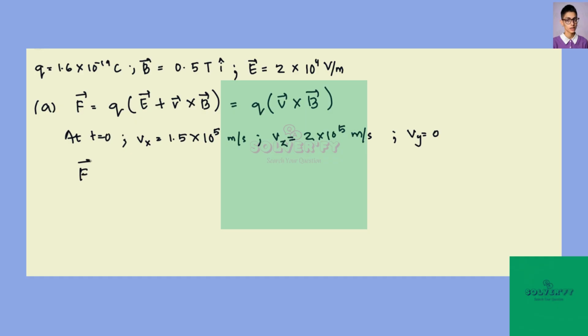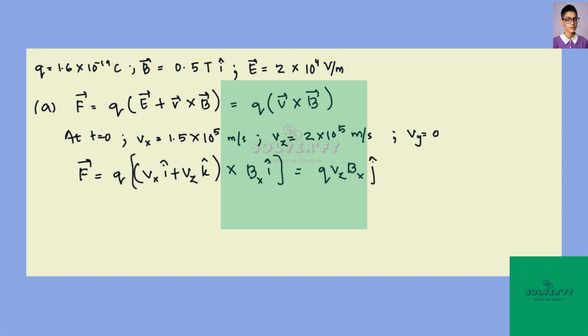Then F will be equal to Q times (Vx i cap plus Vz k cap), because Vy is 0 here, cross product with Bx i cap, where Bx is basically this value. And then this is equal to Q times Vz Bx j cap.